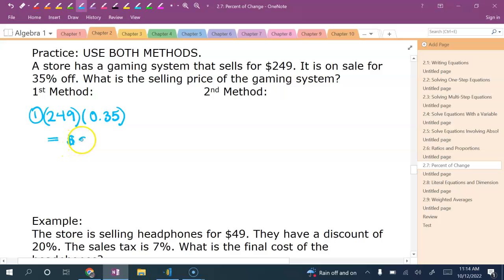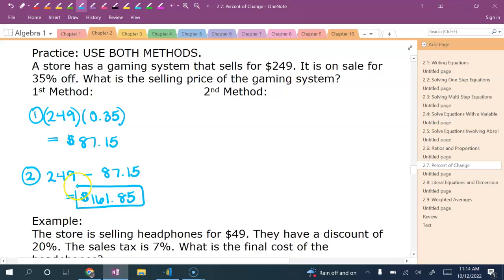And so we're saving $87.15. So to find my cost, I take $249 and I subtract the $87.15 to get the new cost of $161.85. That's method 1.